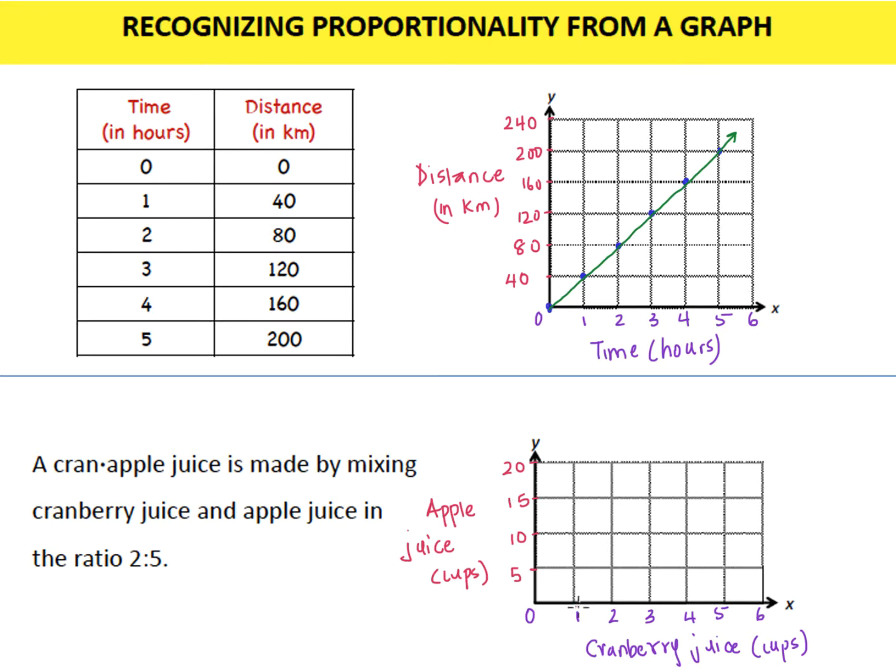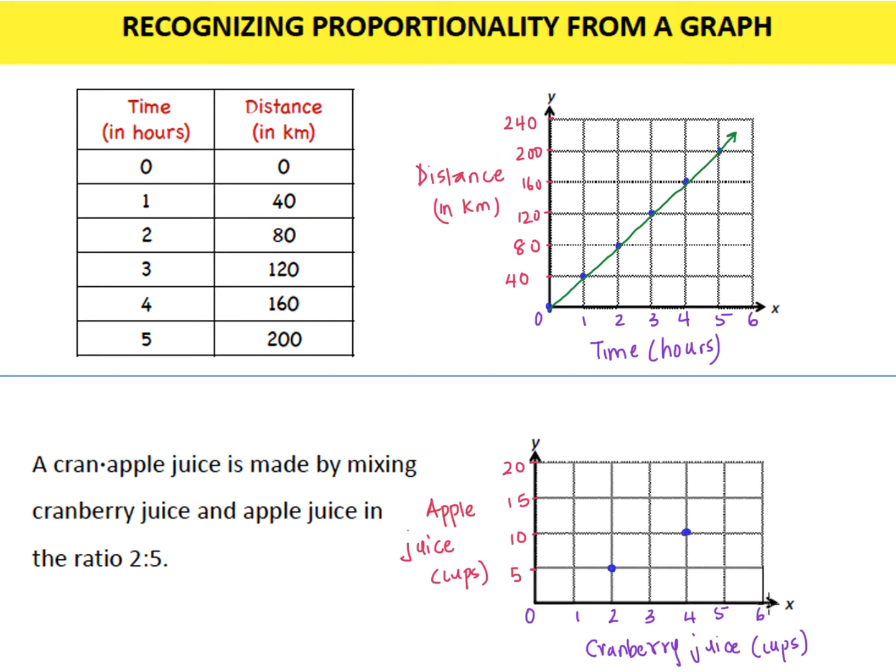When we have 2 cups of cranberry juice, we have 5 cups of apple juice. So that's 1 point. When we have 4 cups of cranberry juice, you need 10 cups of apple juice.